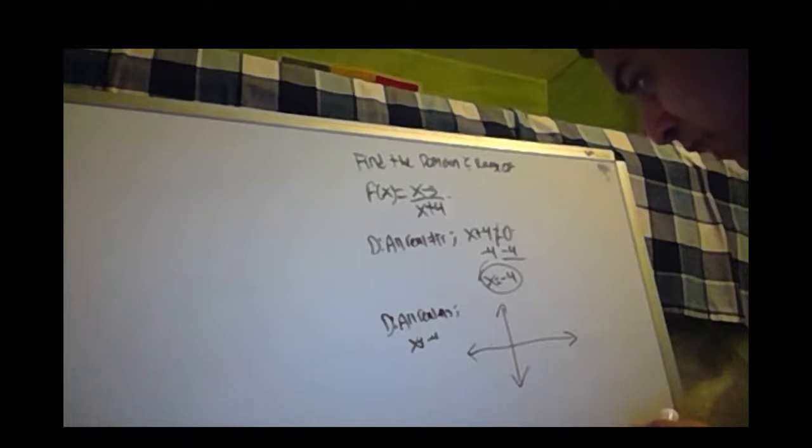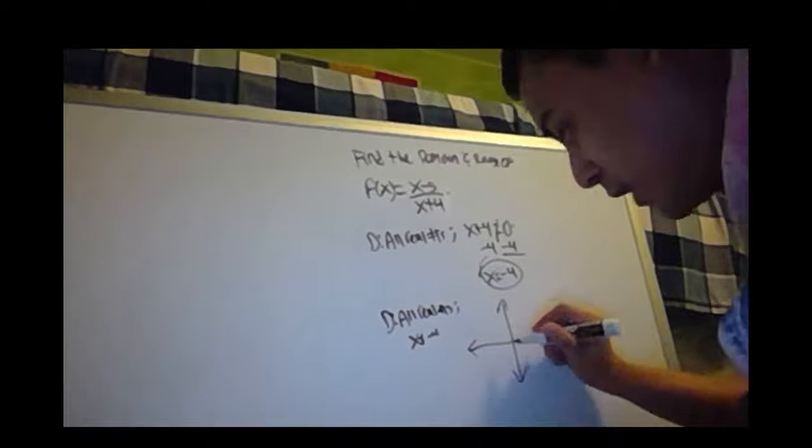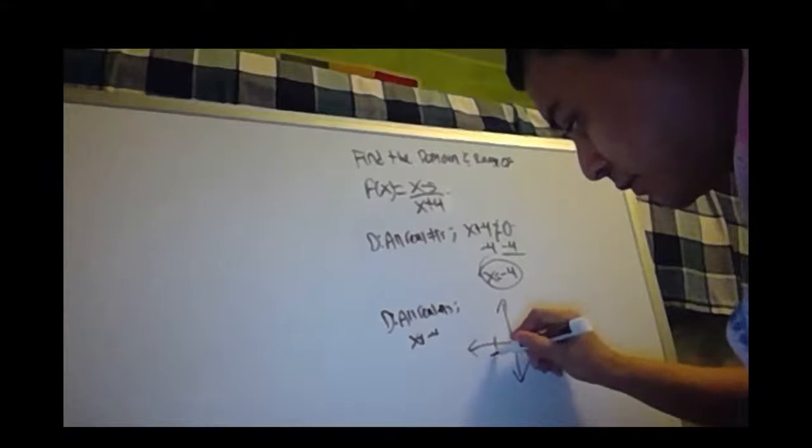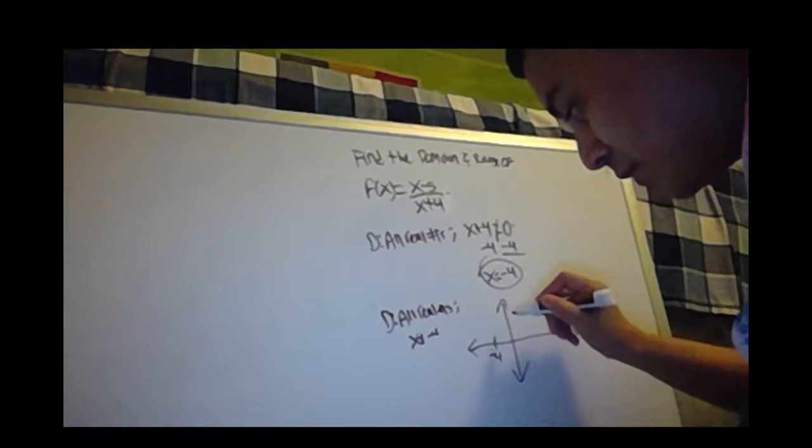So obviously, our vertical asymptote is negative 4.